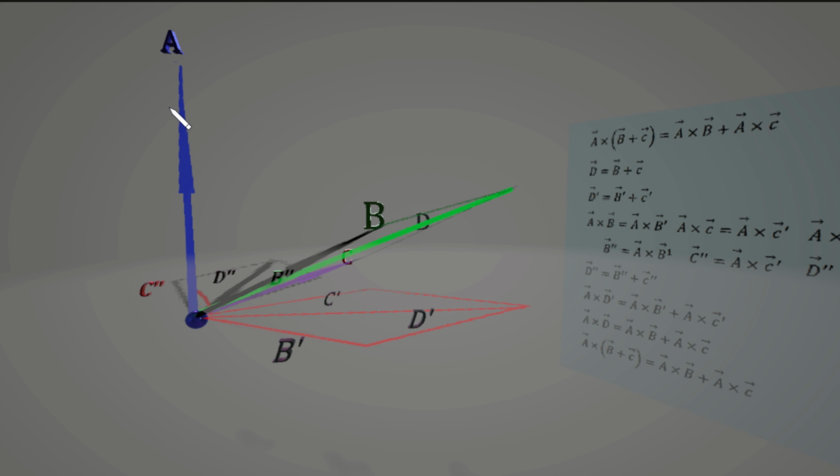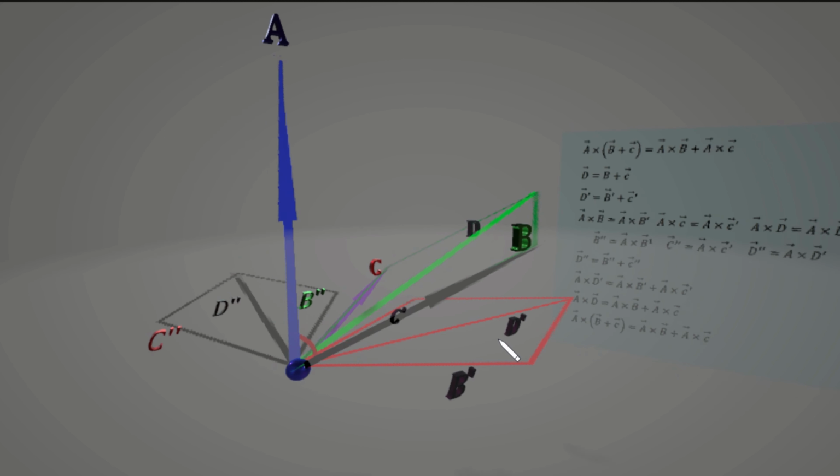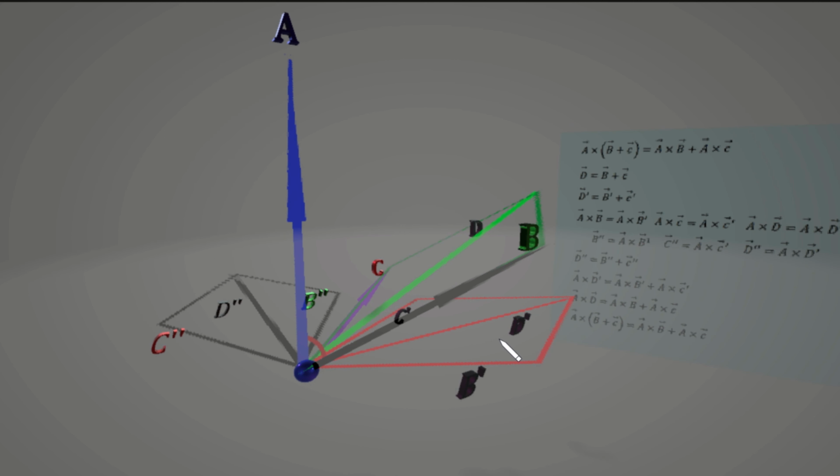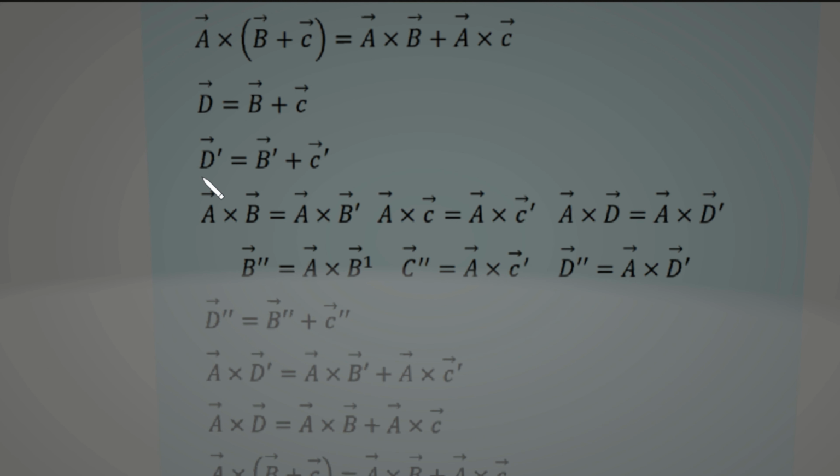That means A, B prime, D prime, C prime are mutually perpendicular to each other. Here D prime bar is the component of D bar, B prime bar is the component of B bar, C prime is the component of C bar onto a plane perpendicular to A bar.